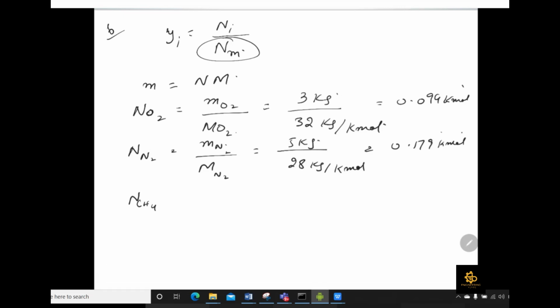Similarly, we are left with another component, which is CH4: mass of CH4 over molar mass of CH4.